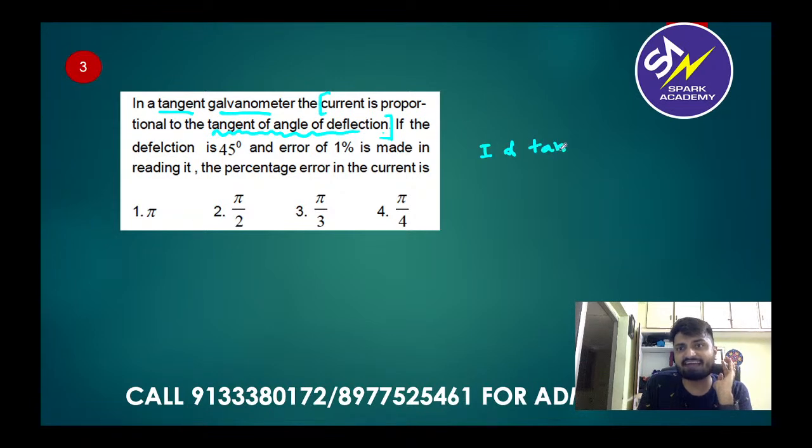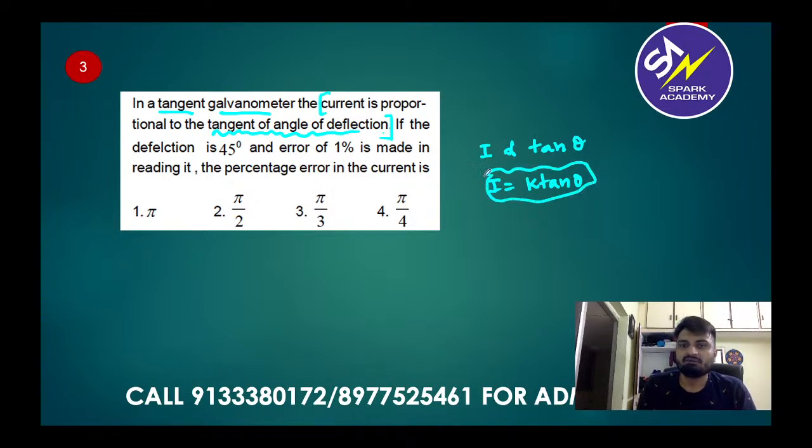So can I say tangent means tan theta? So can I say now I is nothing but some constant into tan theta? So I can say I is nothing but K tan theta, where I is the current, K is a constant, tan theta as it is.